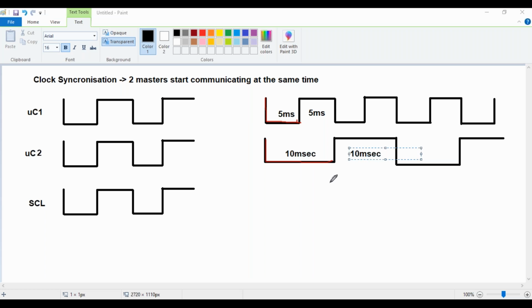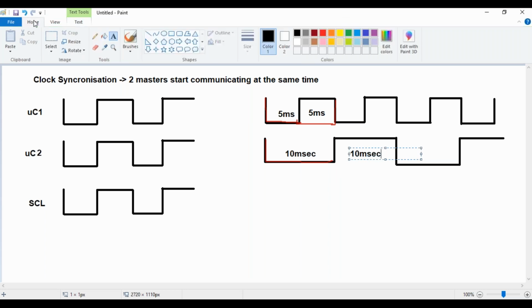Always remember, low level has the highest priority, highest prominence when compared to that of a high level. So forcefully, microcontroller 1 will also continue to keep the line low itself. So what you get to see in the first 10 milliseconds is a low signal.